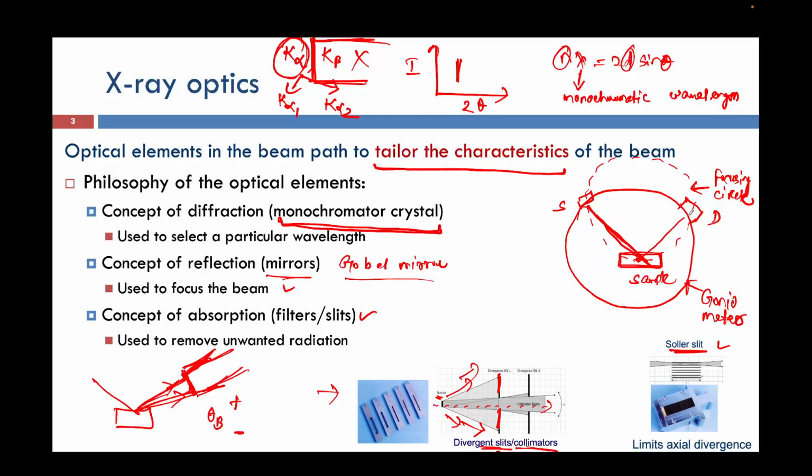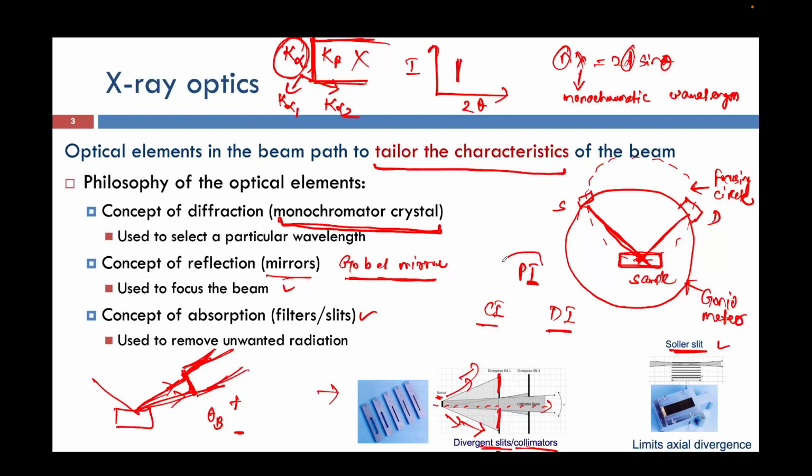But in that case, you will get either completely constructive interference, let's say CI, or completely destructive interference, right? However, these two are not the only phenomena taking place when we get intensity. Why? Because there is also partial interference taking place. So that is the reason why this Gobel mirror becomes important.